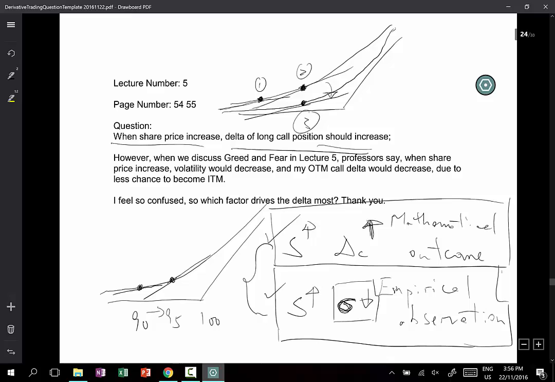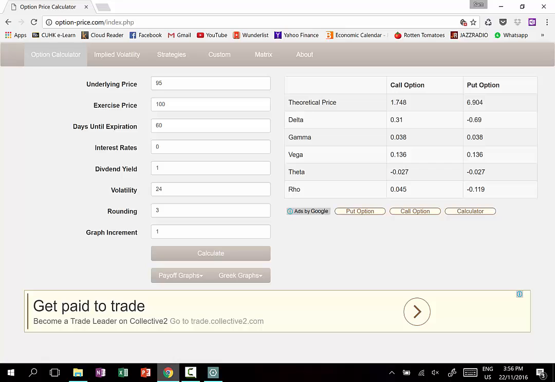There isn't. The first one is a simple textbook rule, and the second one is what really happens in practice, and these will drive the delta in different directions. So after the market has gone from 90 to 95, you look at your delta and say, oh look, my delta has now gone up to 0.31.